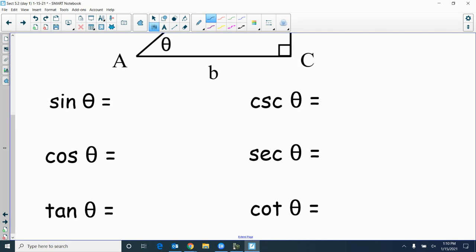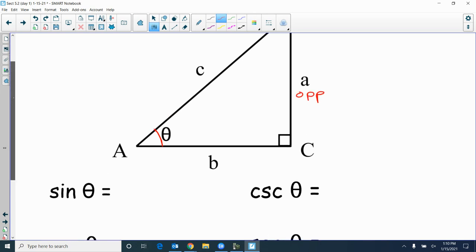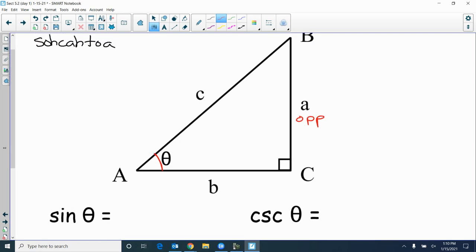Sine is opposite. Now remember, based upon where your angle is, if I identify that as theta, across from it is the opposite. When you're labeling a triangle, use capital letters for angles, and then the side across from it you need to label with a lowercase letter.